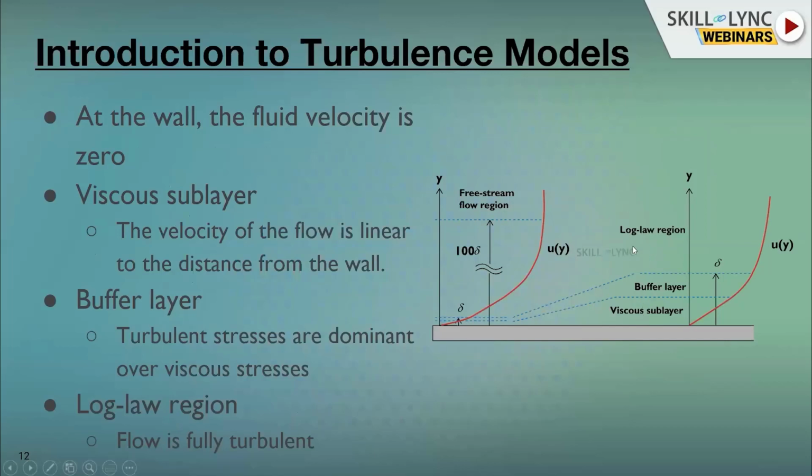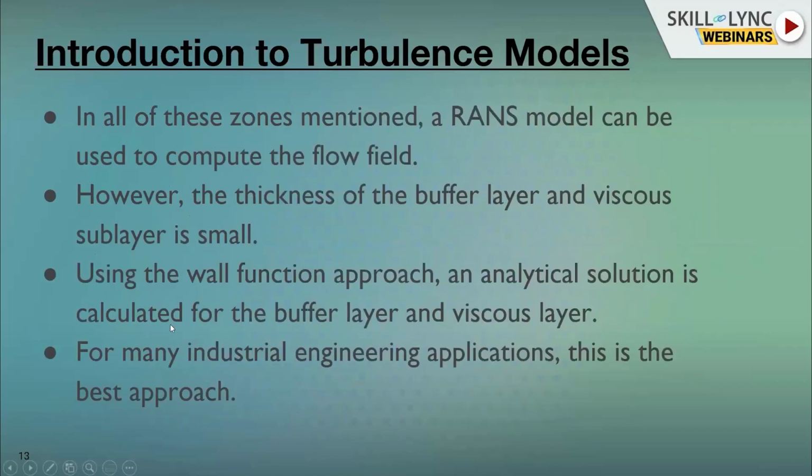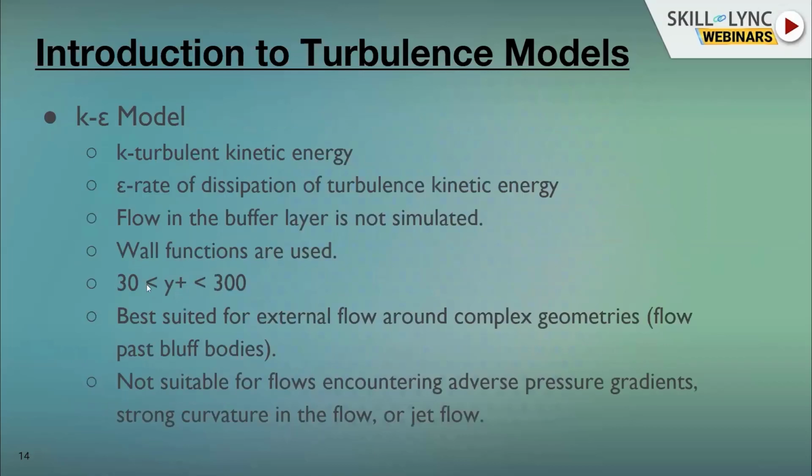It just captures the flow in the log law region. To capture the physics in the buffer layer and viscous layer, we use the wall functions. For this model, the Y plus values are between 30 and 300. I will come to Y plus once I explain all the turbulence models. For the time being, let us keep our Y plus requirement between 30 and 300.